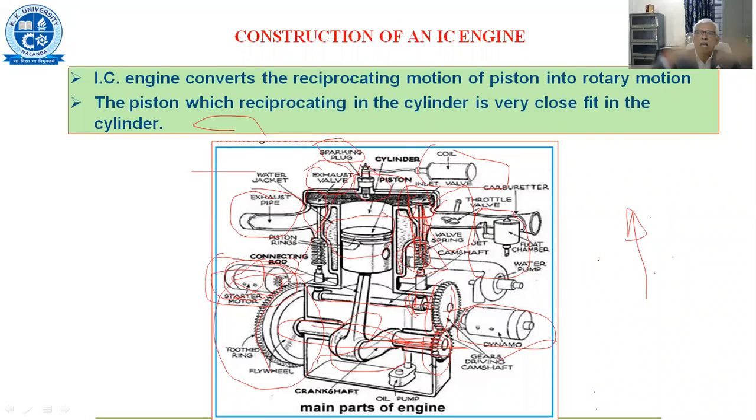When it's rotating, it splashes that oil into the engine block, such that the piston, connecting rod, and crankshaft all get lubrication, such that the friction is reduced.